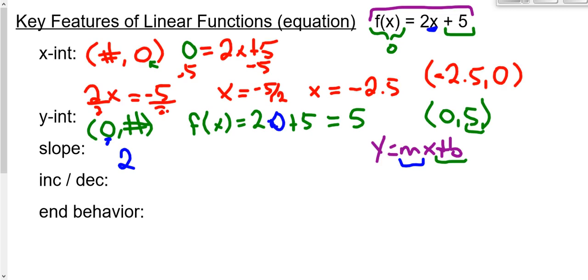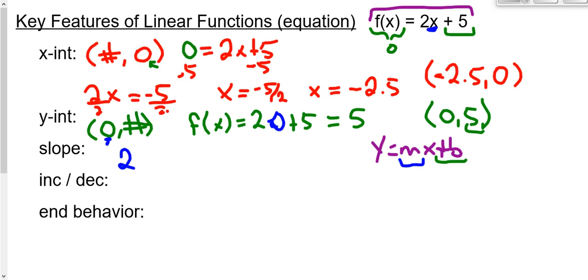Now the next question is about increasing and decreasing. And remember, we can figure out increasing and decreasing based on the slope. If slope dude would be going uphill the whole time, saying puff puff positive, if we have a positive slope, that means that we are increasing the whole time. If slope dude would be saying nice negative and we had a negative downhill slope the whole time, that would mean that we are decreasing.